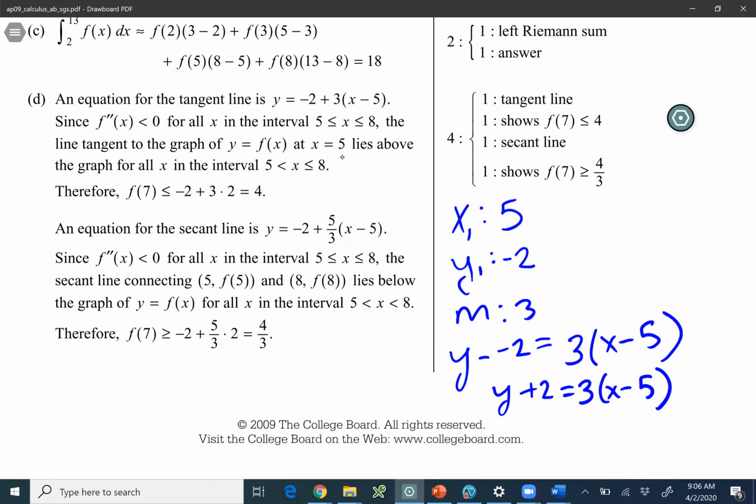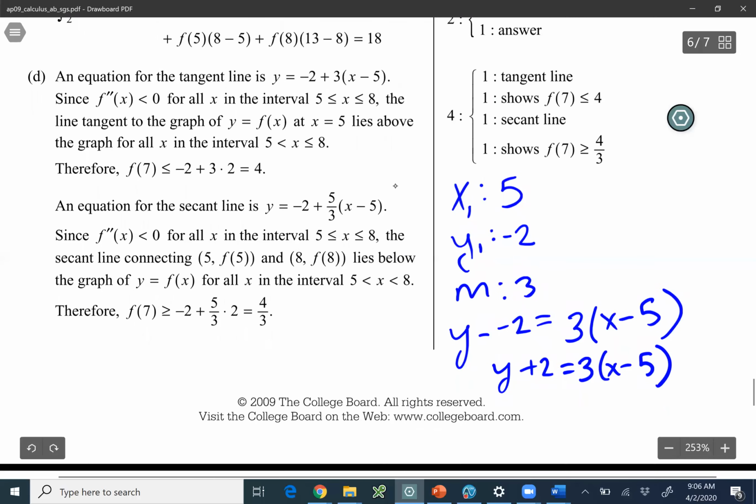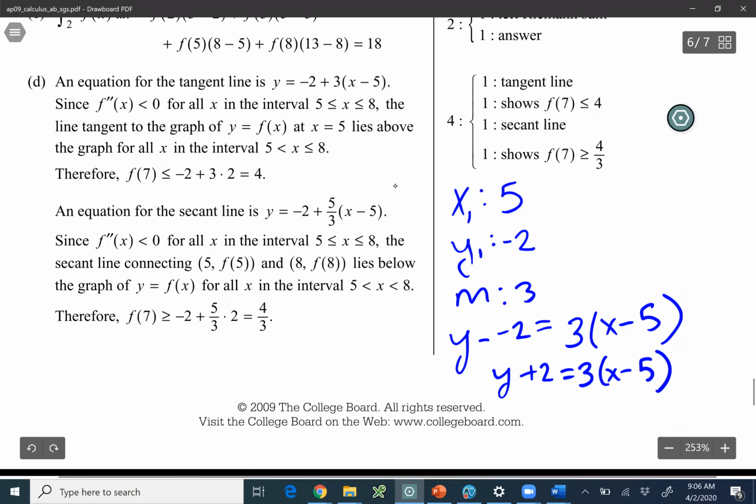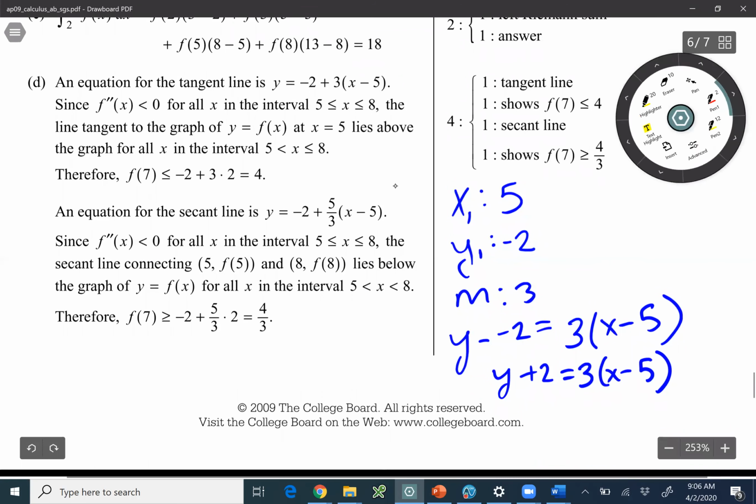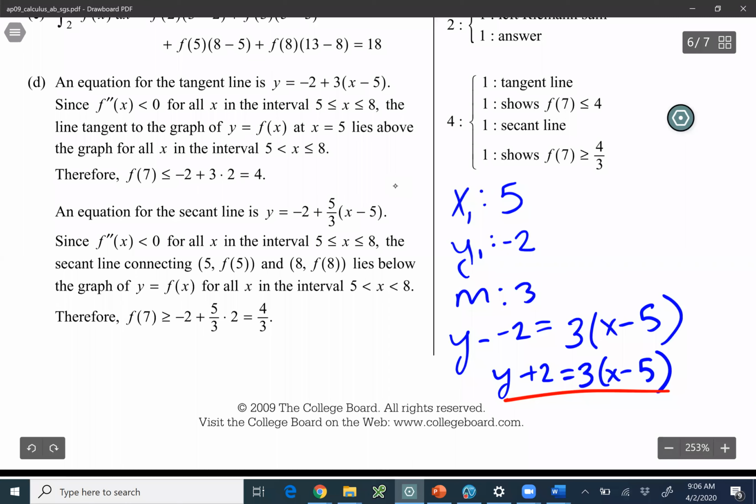And so then now they want to say f of 7 has to be less than or equal to 4. So what we're going to do is, this is our equation. You got 1 point there. And now into that equation, we're going to plug in 7 for x, right? Because that's what they're looking for.